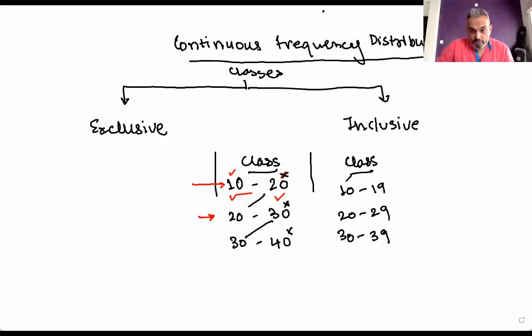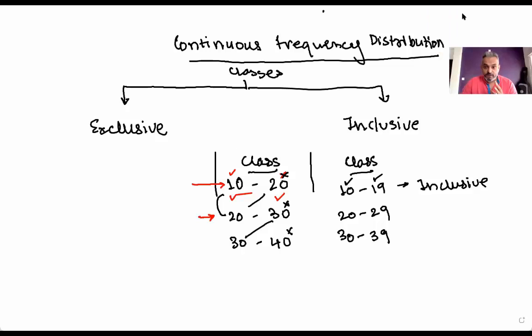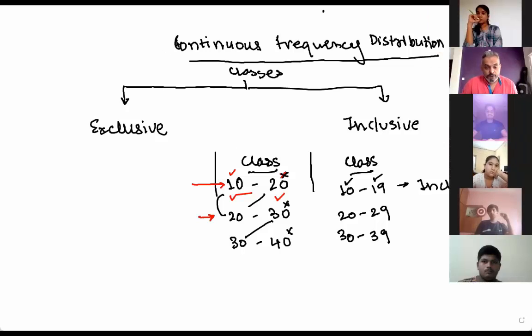So you include 10 also, you include 19 also, so they are known as inclusive. So just by seeing one class, if nothing is given, we cannot say anything. We have to see what the next class is and then decide whether it is inclusive or exclusive. All of you understood this?